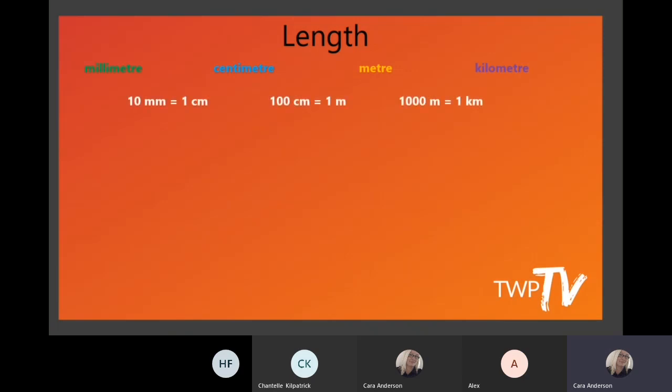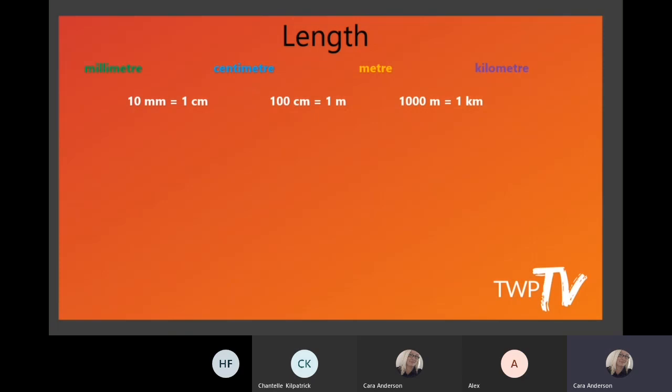Okay, so the first thing to remember is that they'll always only go up in tens, hundreds, and thousands. It's always that round number, 10, 100, or 1,000. So you've got a 1 in 3 chance of getting it right, but that's the importance of trying to remember it and visualize it. For example, there is 10 millimeters in 1 centimeter.